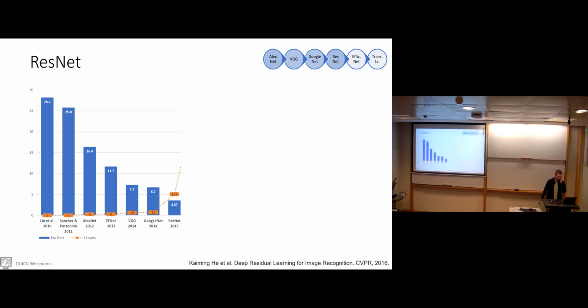They won this challenge in 2015, and they actually surpassed the human performance on this task of classification. So this was the first neural network that was trained at a big scale with hundreds of layers. This is also a major moment in deep learning history.